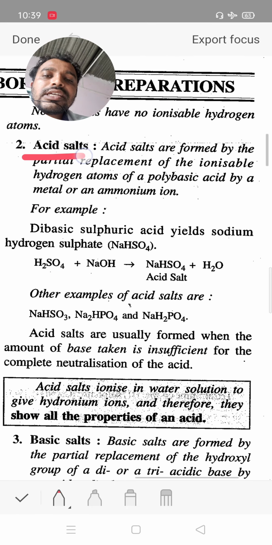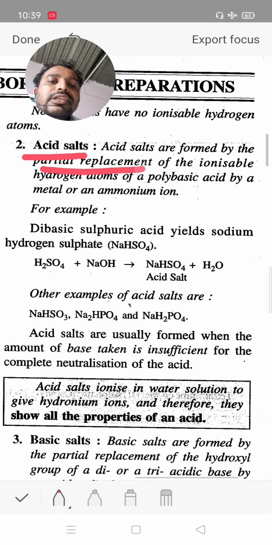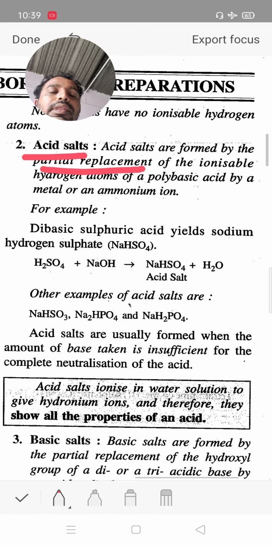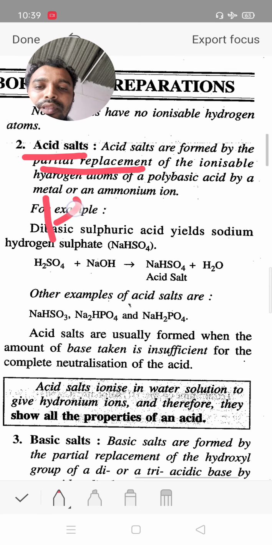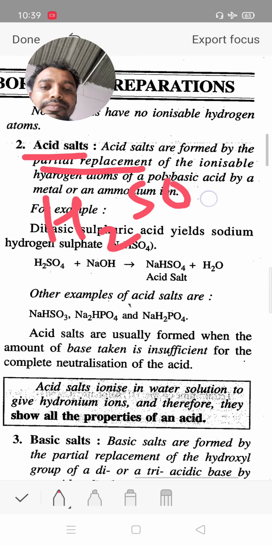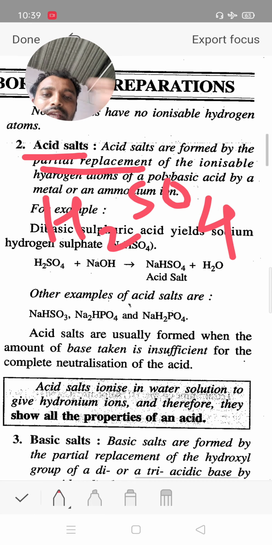Next one is acid salt. This acid salt is formed by the partial displacement of the ionizable hydrogen atom of a polybasic acid. What polybasic means: there are two OH groups. In sulfuric acid, two hydronium ions are formed, therefore it is an example of a polybasic acid.